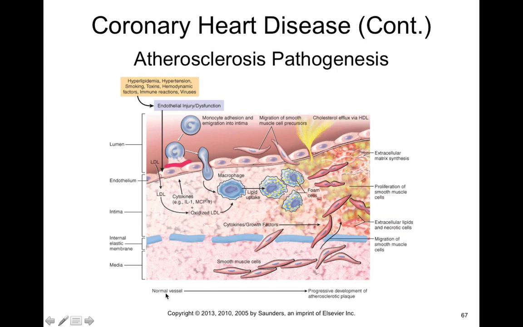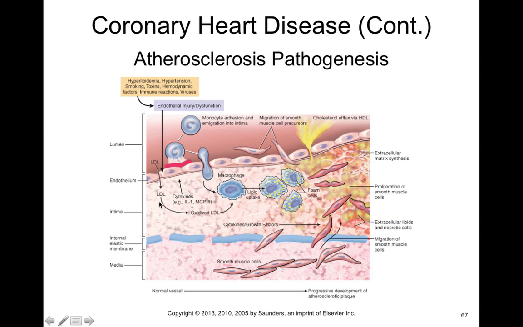Normally the blood vessel wall should have a nice smooth endothelium that's well organized with an underlying connective tissue in the intima layer. We should have an internal elastic membrane or lamina that separates the tunica intima from the tunica media. And the tunica media should have a nicely organized smooth muscle cell layer where these smooth muscles are very clearly and distinctly separated from the tunica intima.